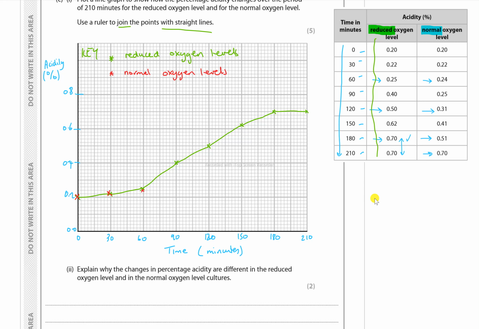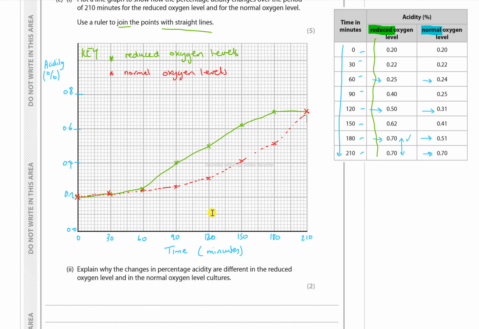It's just there. 0.25 is there. 0.31, 0.41, okay, 0.51, 0.70 there. I've done a dotted line so then I didn't hide the green line underneath that. So these are straight lines. Right, okay.